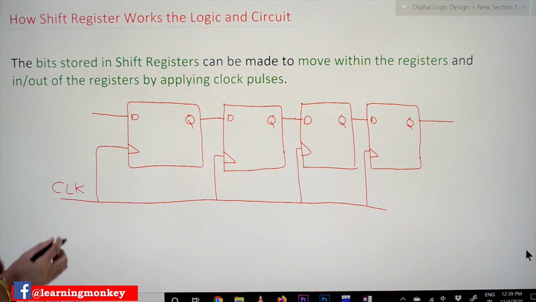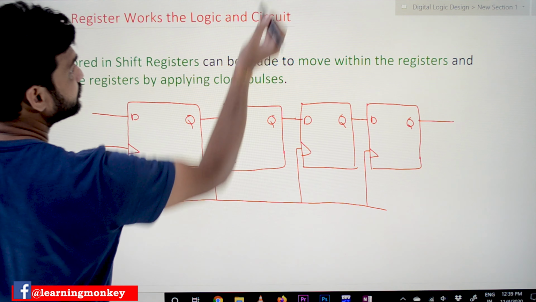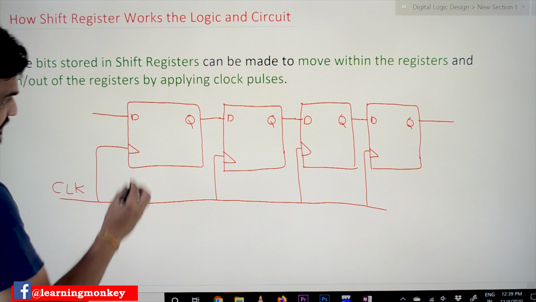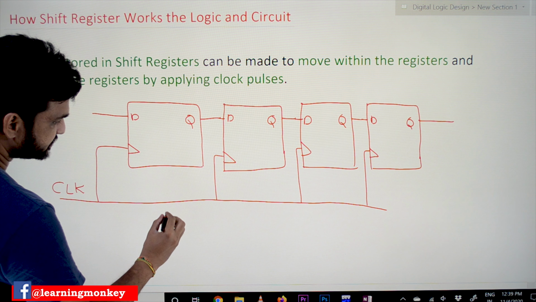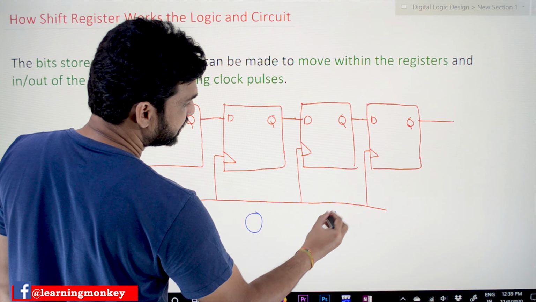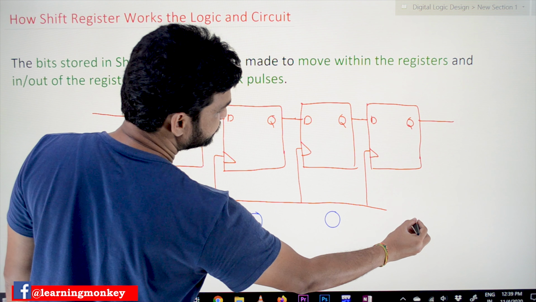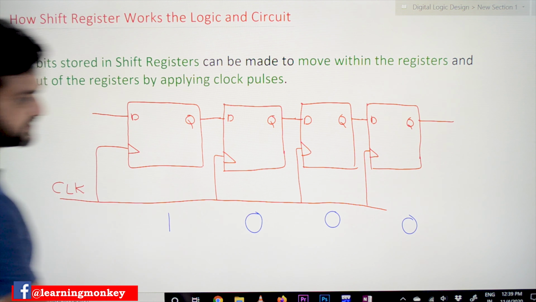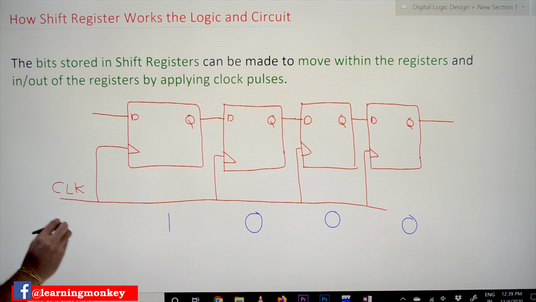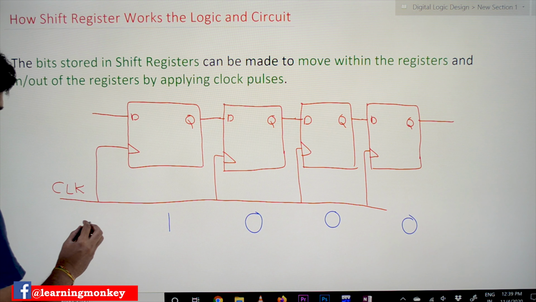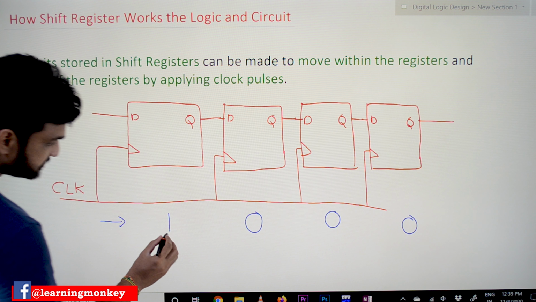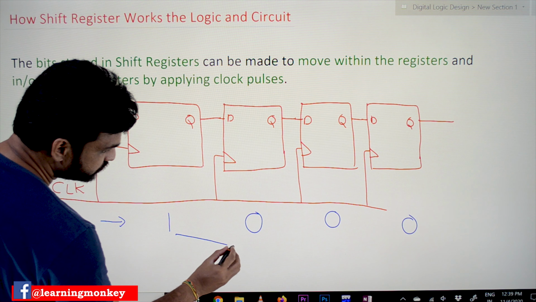So let's try to understand with an example. For example, if the value stored in this flip-flop is 1, and the value stored in this flip-flop is 0, and the value stored in this one is 0, and the value stored in the last flip-flop is 0, whenever the clock is provided, the shifting happens, which means this 1 will move here.